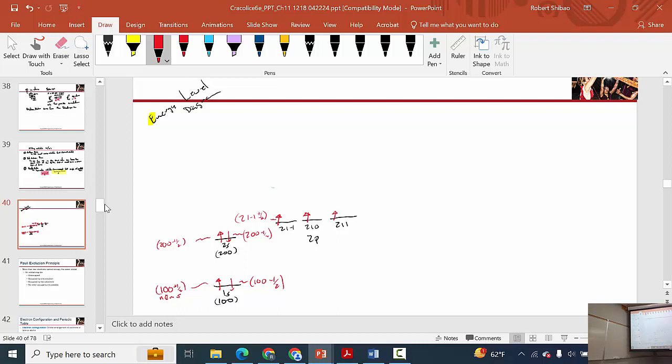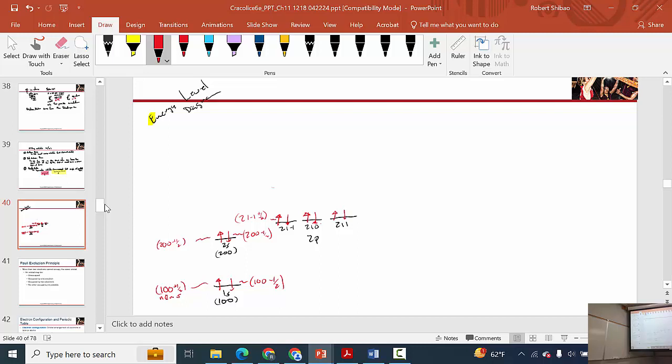When it pairs, we have to go anti-parallel for the Pauli exclusion principle. And so this would be oxygen. And then fluorine, we're going to have to pair again. And then for neon, we pair the last one here. That would be neon.